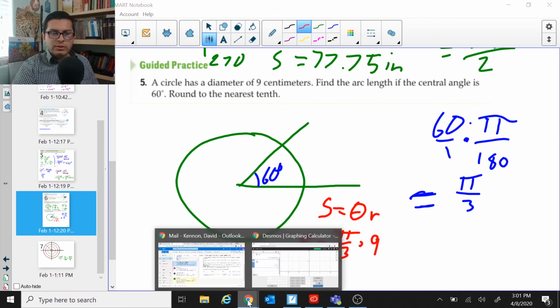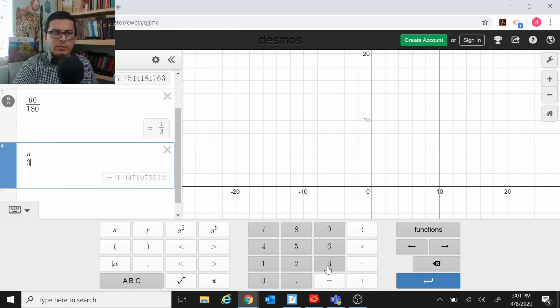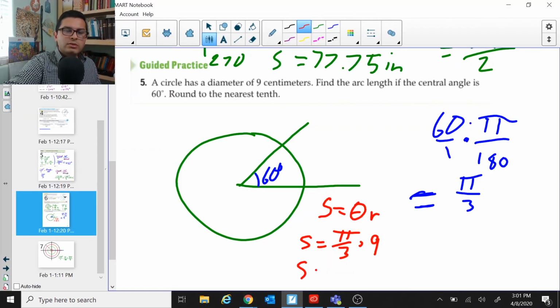So let's go into our Desmos and find out what pi over 3 times 9 is. It is going to be 9.42. Now, remember, it said round to the nearest tenth, so we're going to round to 9.4. So our arc length is going to equal 9.4 centimeters.